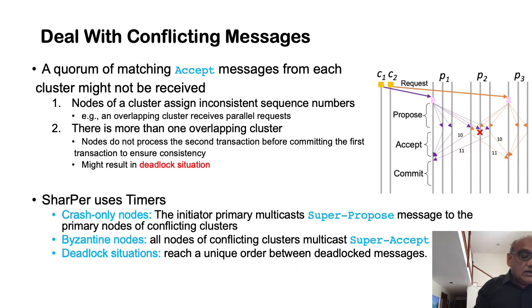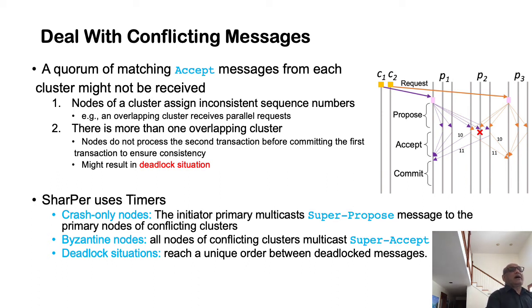Because of that, this particular node might order these two transactions as number 10 and 11, whereas this one might order them in the reverse order. The protocol has to make sure that such discrepancies are resolved.